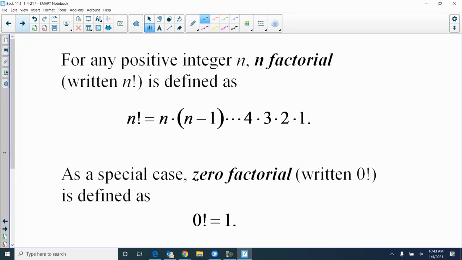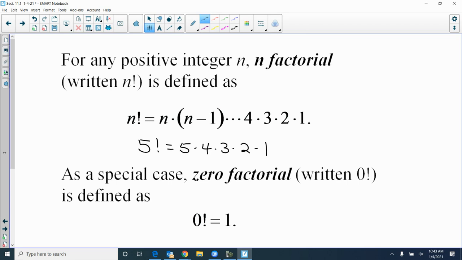N factorial means you start at whatever that number is, and then you decrease it by 1, and you multiply them all together until you go down to 1. You don't go to the negative. So here's what 5 factorial means. 5 factorial means 5 times 4 times 3 times 2 times 1. And then you multiply them together.